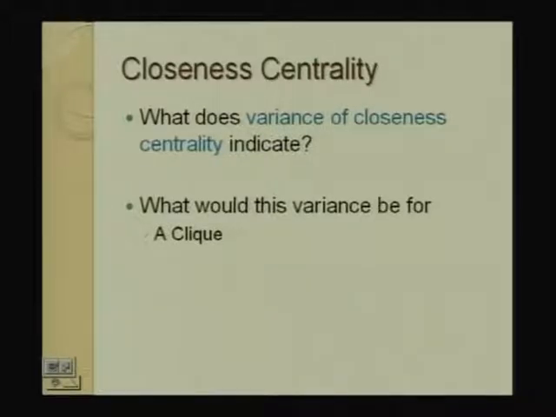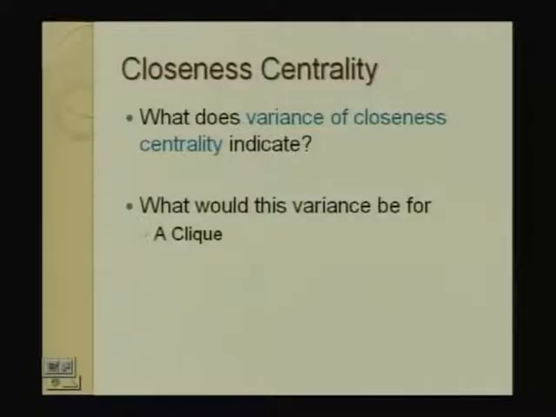Every node has n minus 1 neighbors, and it is at distance 1 from all the n minus 1 neighbors. Is it clear? Since everybody has 1 by n minus 1, the variance is 0. So naturally a clique has variance of closeness centrality 0.